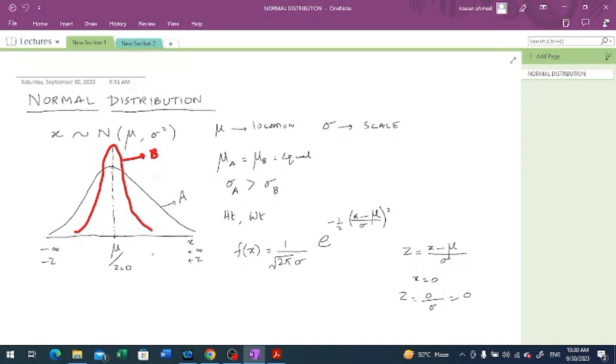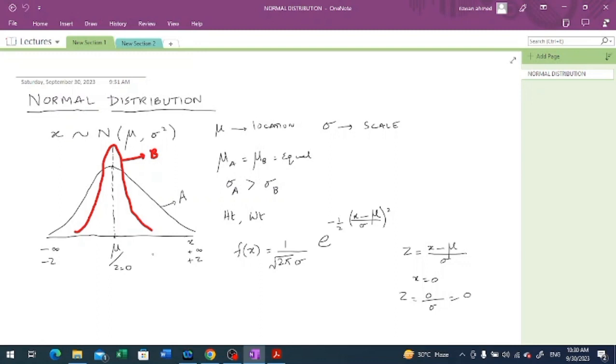Now the commonly used variables that follow normal distribution are height and weight. Height and weight values in a certain age group for students or for individuals can be referred to as an example of a random variable that follows normal distribution.